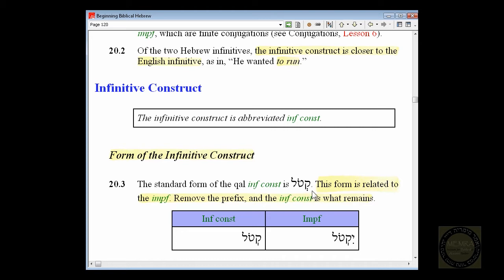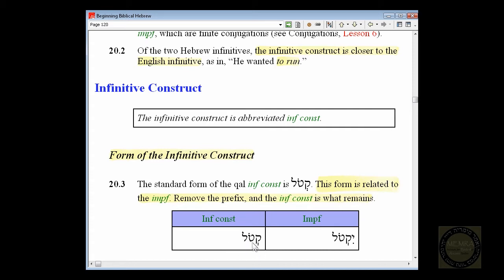So you have a shva under the first consonant, and then a cholam, an O vowel, as your last vowel sound. So qetol. And we get that if you look at the imperfect right here, we'd have yiqtol. If we take the prefix off, what we're left with right over here is qetol.